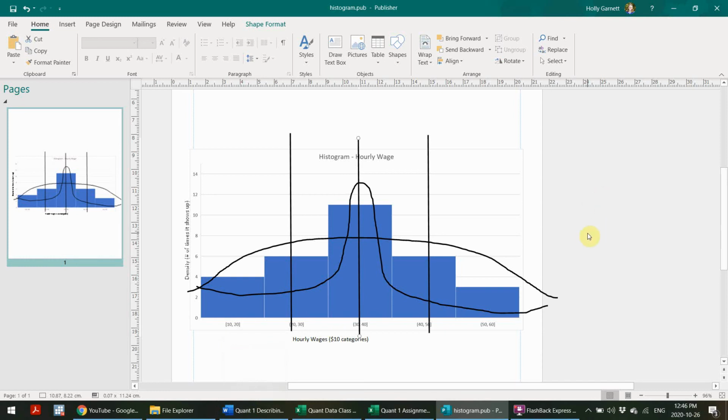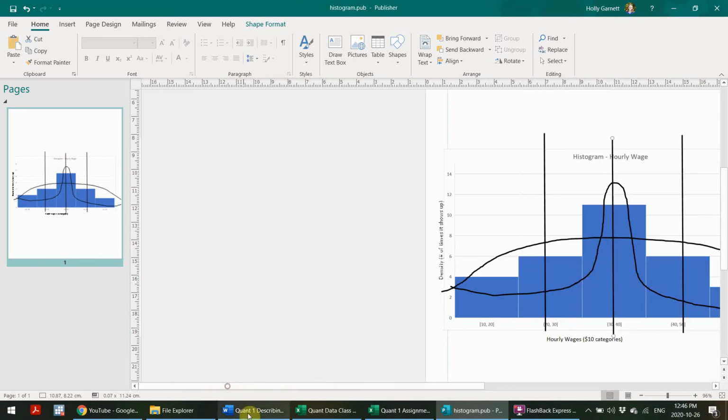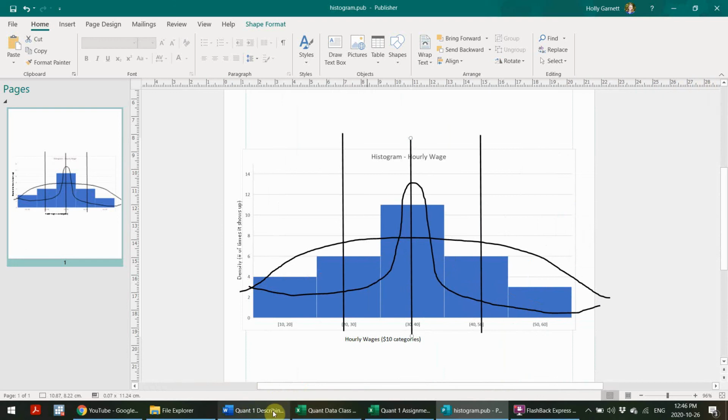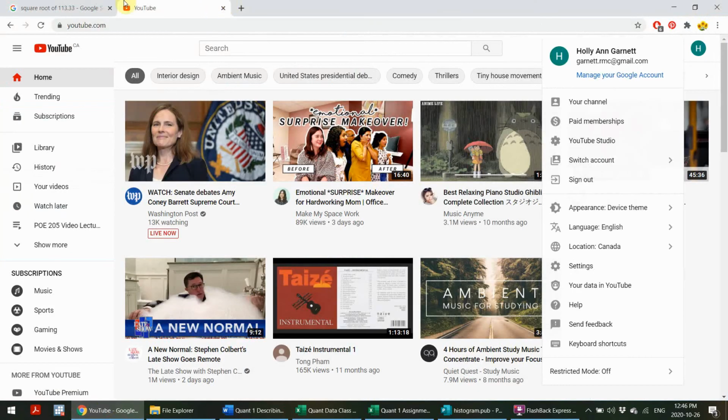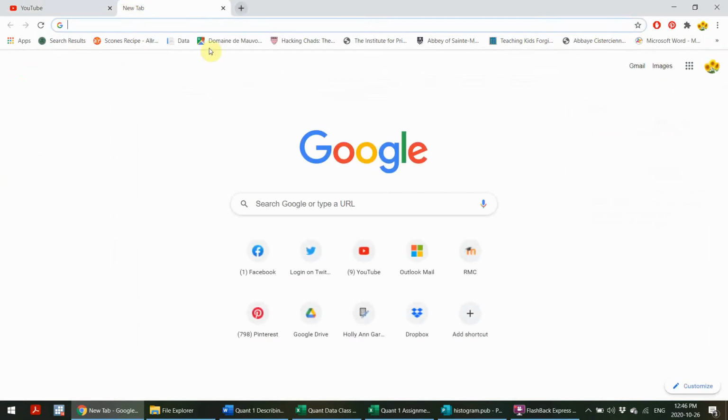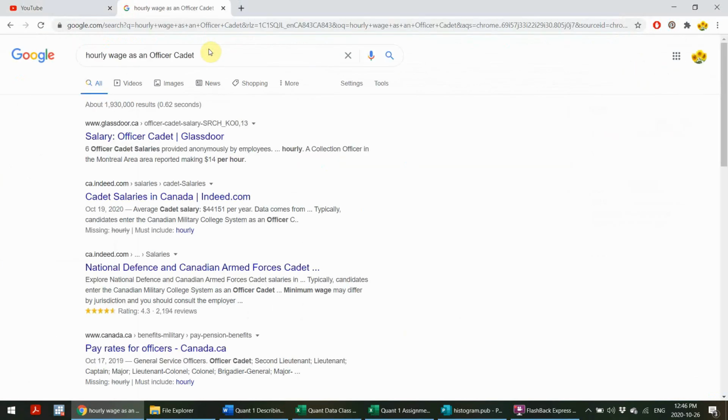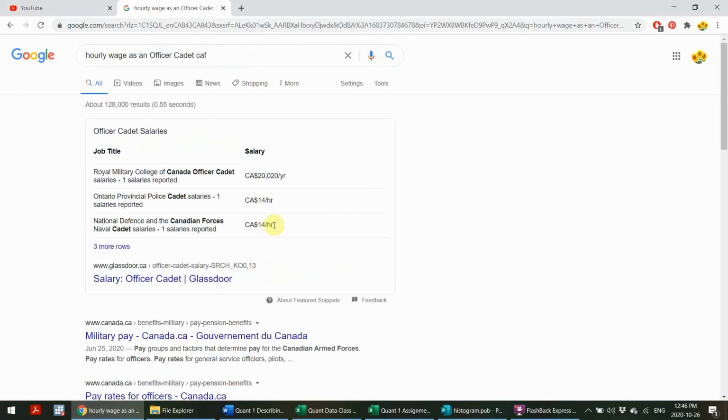Okay, so the last thing we want to do is think, substantively, what does it mean to be one standard deviation from the mean? So let's think about your hourly wage as an officer cadet. Let's see if I can find that out. Hourly wage as an officer cadet, CAF. How much do you guys make an hour? Oh, $14 an hour.